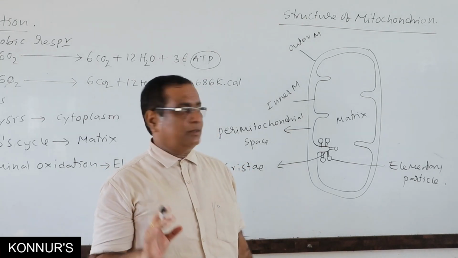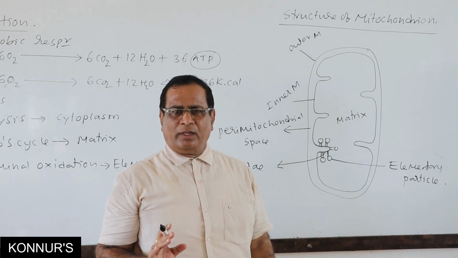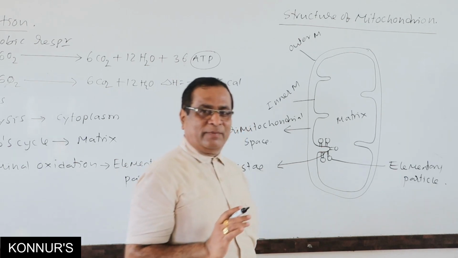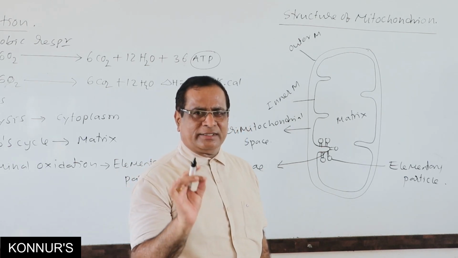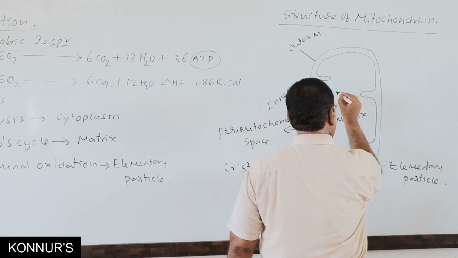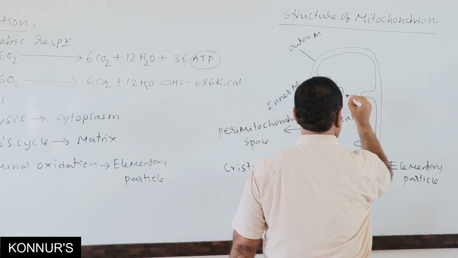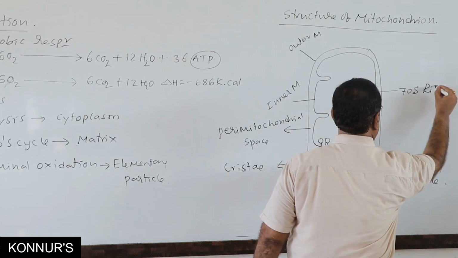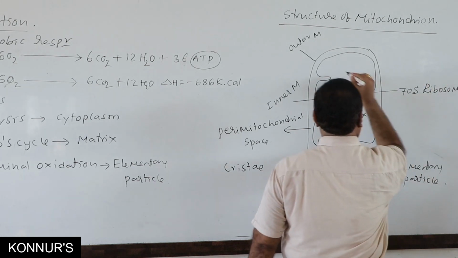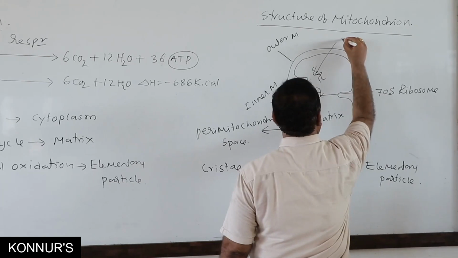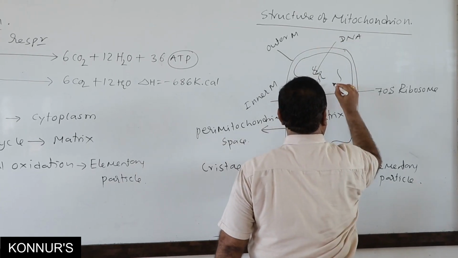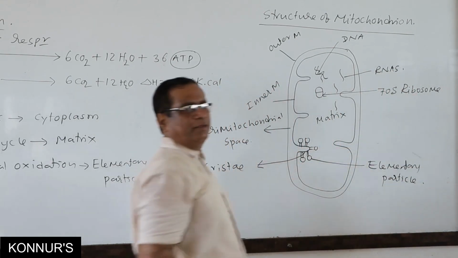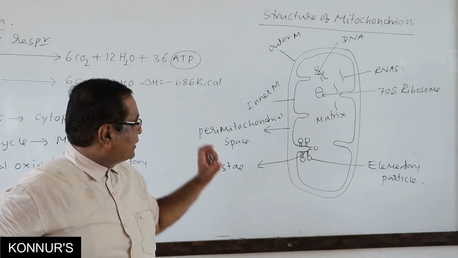Just like chloroplast, mitochondria is also a semi-autonomous organelle, having its own protein synthesizing machinery. That machinery includes 70S ribosomes, a piece of DNA, and 3 types of RNAs.